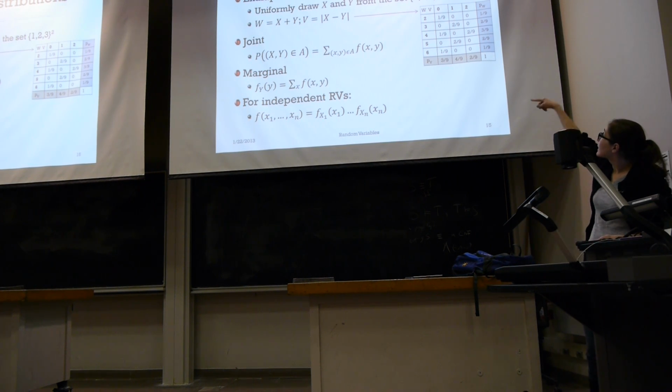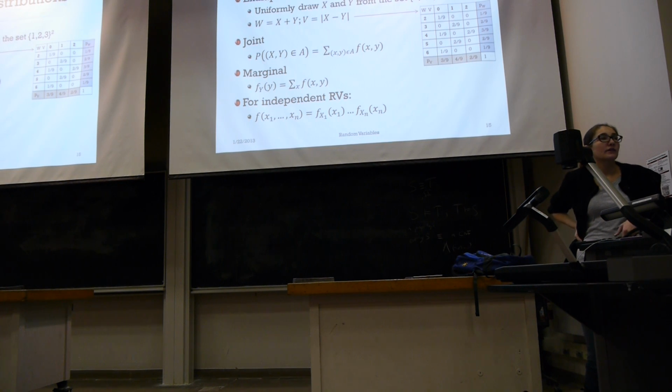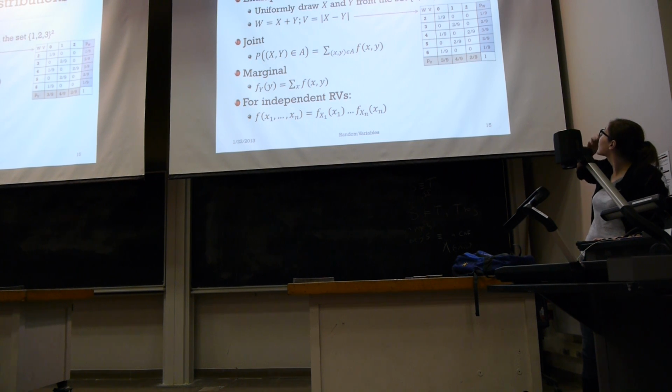And I enumerated all the possible combinations and how likely each occurrence is. There are of course 9 ways in which we can draw the 2 numbers between 1 and 3, and for each of them, I looked at the sum and the absolute value of the difference, and I saw how likely they are.